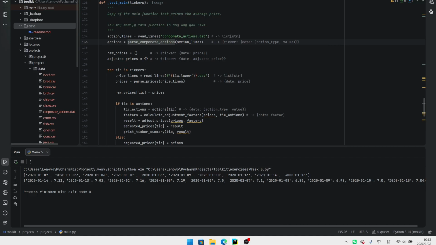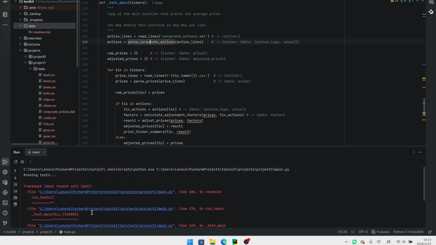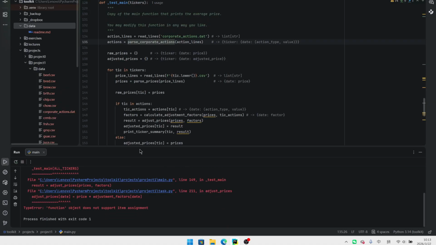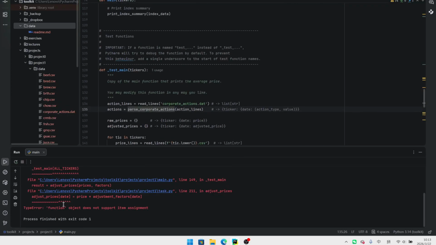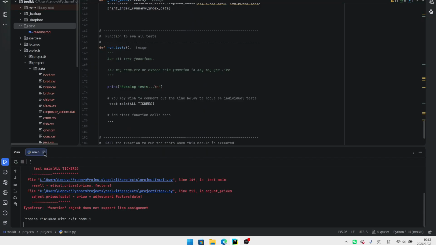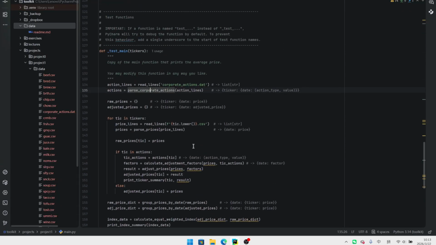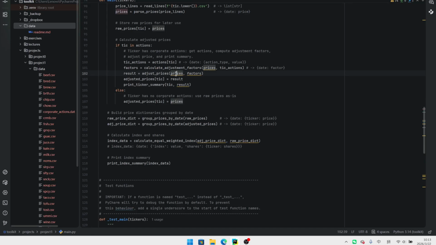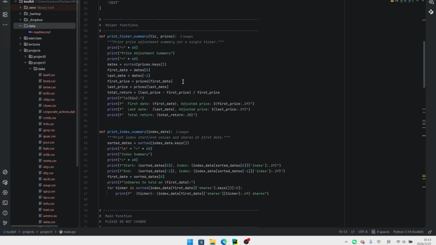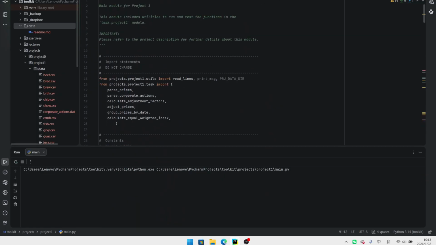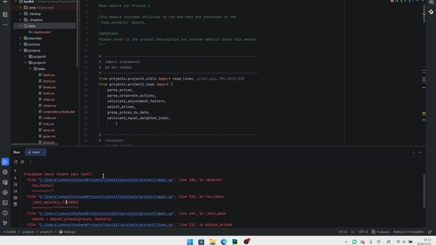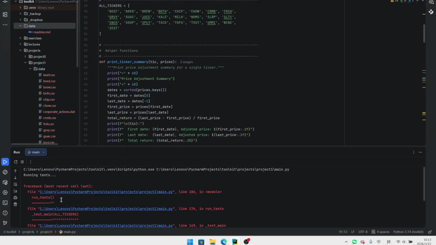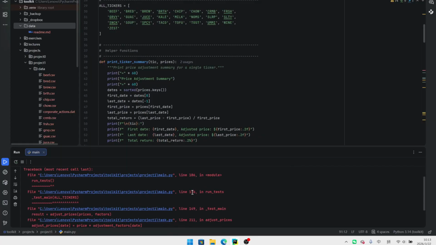No, in this current file. Round ticker. We cannot take max or tickers.